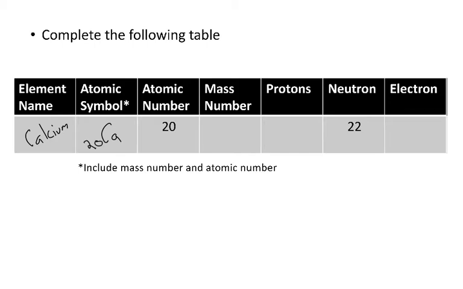If I have the atomic number, I have the protons. Because this is a neutral atom, the protons and electrons are the same. And then to get the mass number, I know that the mass number is the sum of the protons and the neutrons, so all I have to do is add 20 to 22, and I get a mass number of 42. I can put that where it belongs in the atomic symbol.